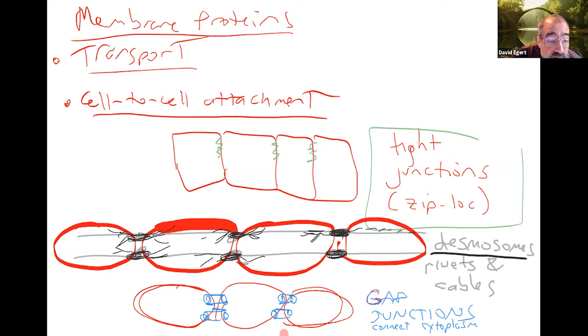For our class, the main physiological impact of cells having gap junctions is that ions can easily drift from one cell to another. And that means that the cells are electrically connected. If ions can move from one to another, we talked about ions moving charge being the electric current.